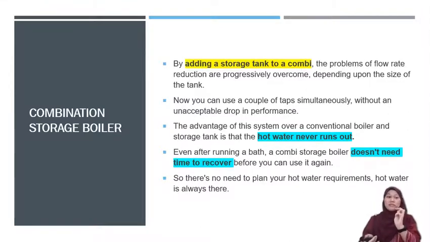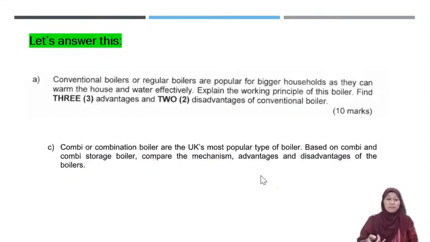So the Combi storage boiler adds a storage tank to help when you're using two taps at the same time, so the hot water never runs out. Okay, and you don't have to wait to recover. These are examples of the questions that we will discuss later on.